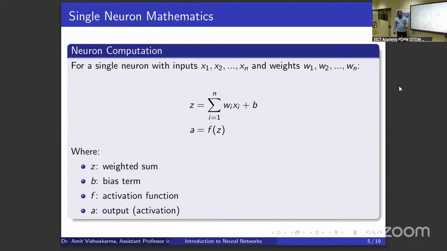In geometrical fashion, this particular test sample lies in which region? In the region of C2.